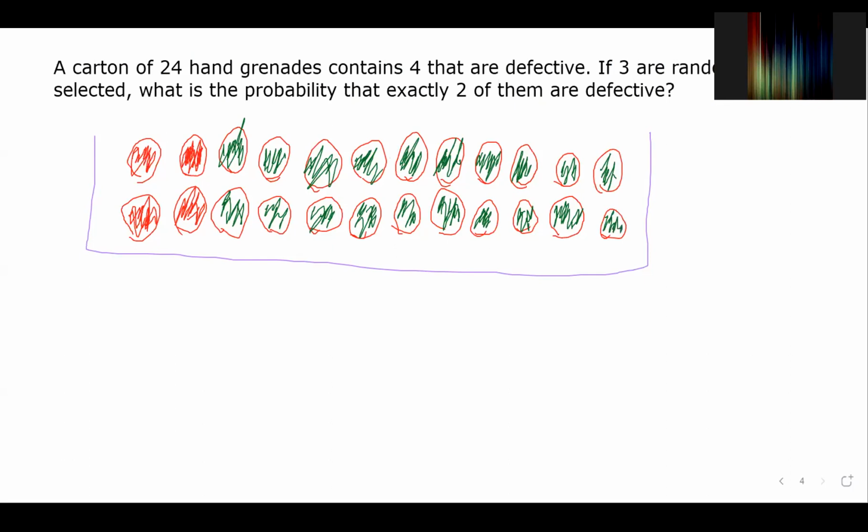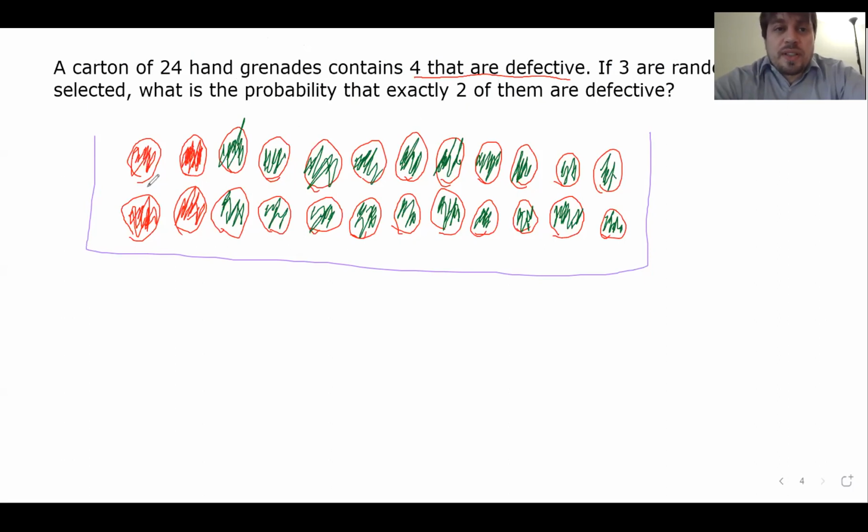I have a question. Okay, so we have a total of 24. 4 are red for defective, and green is for not defective. So these are the 4 defective. If 3 are randomly selected, what is the probability exactly 2 of them are defective?